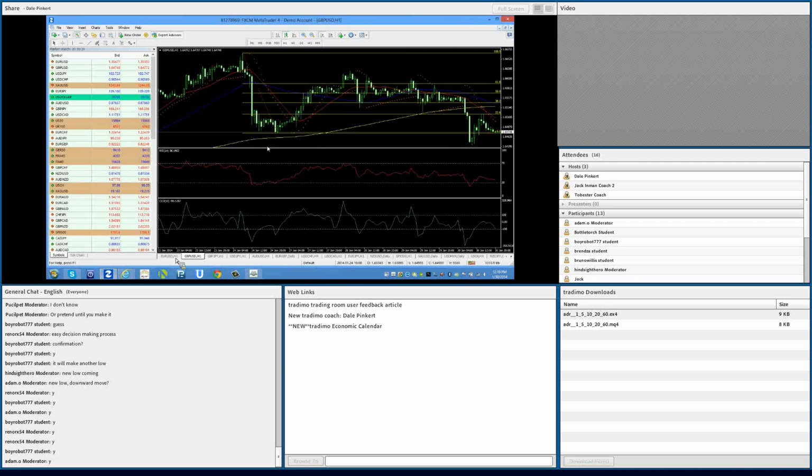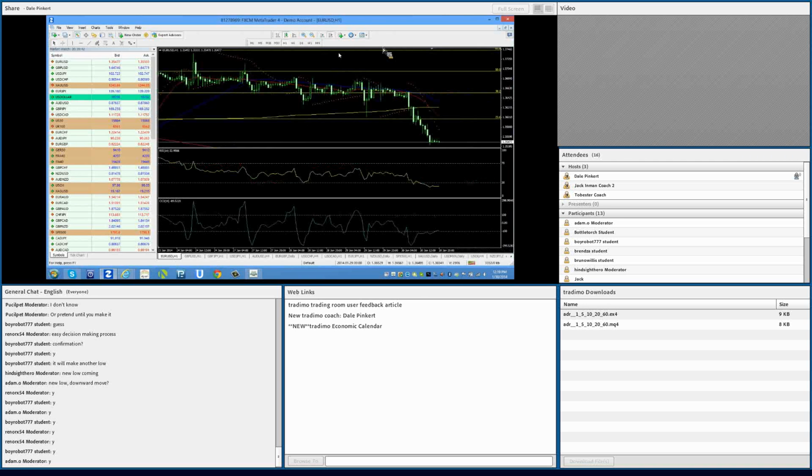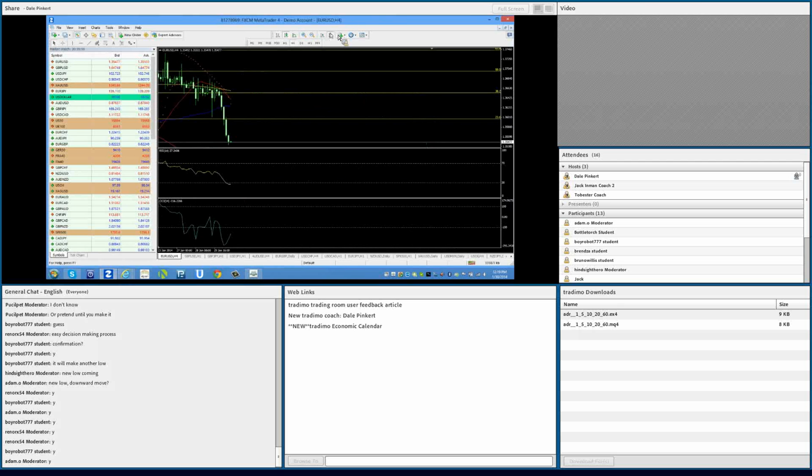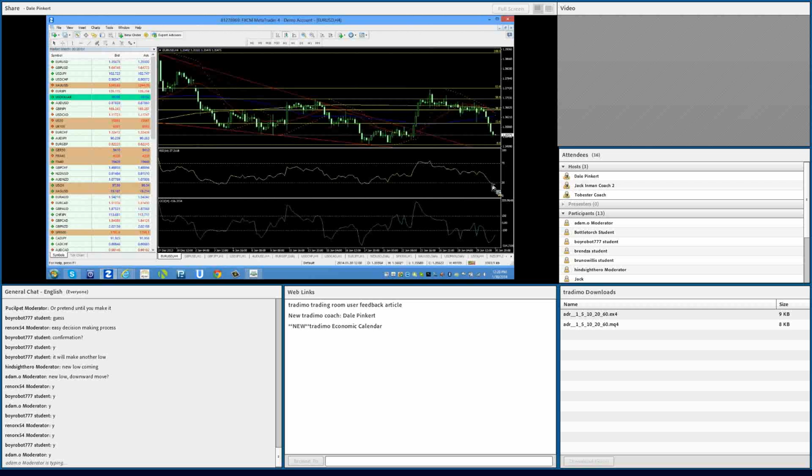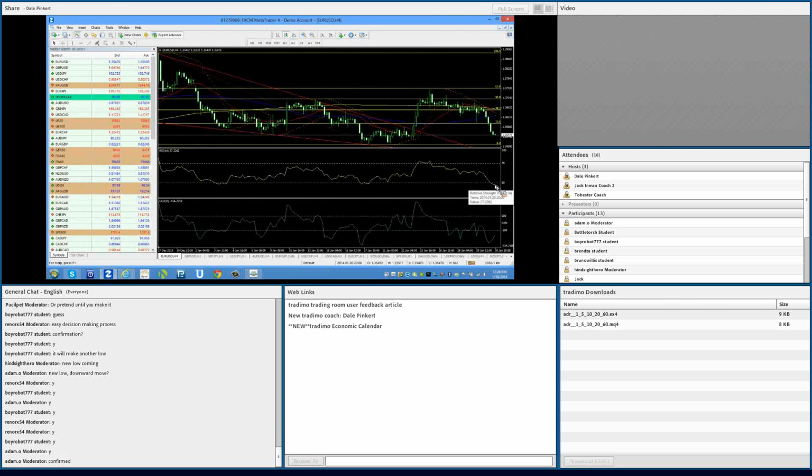So let's take a look at some of the markets and what's happening here right now. What do we have going on in the euro right now? What kind of lows have we been getting here in the euro? What kind of low is this on the 1-hour chart? On the 4-hour chart? That's right.